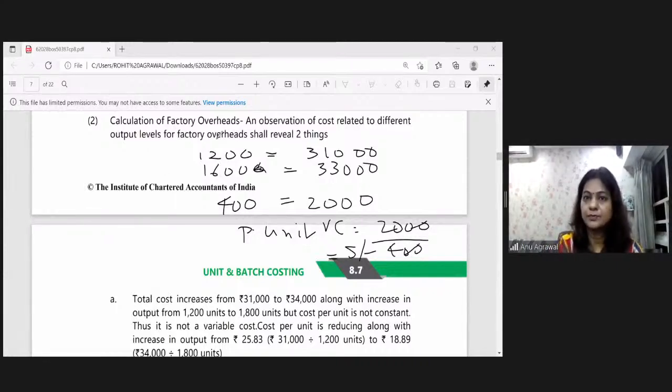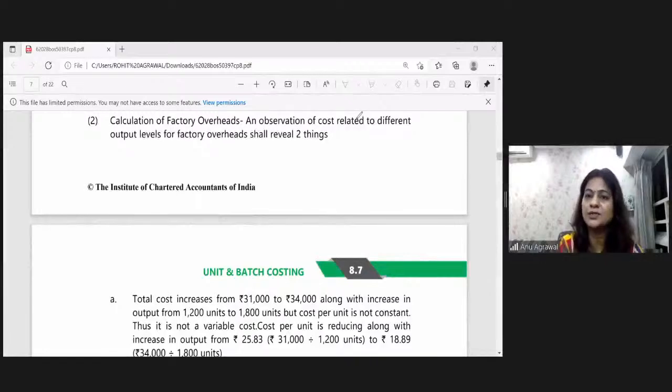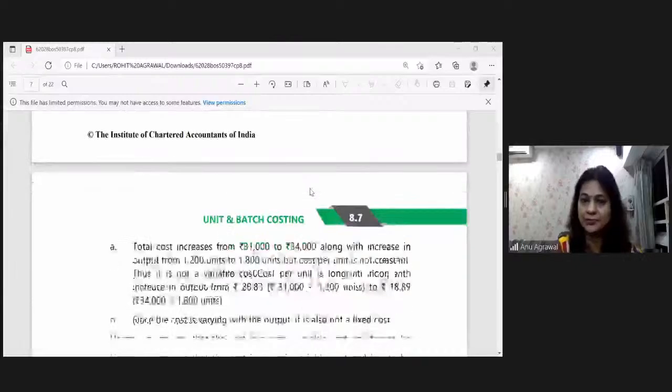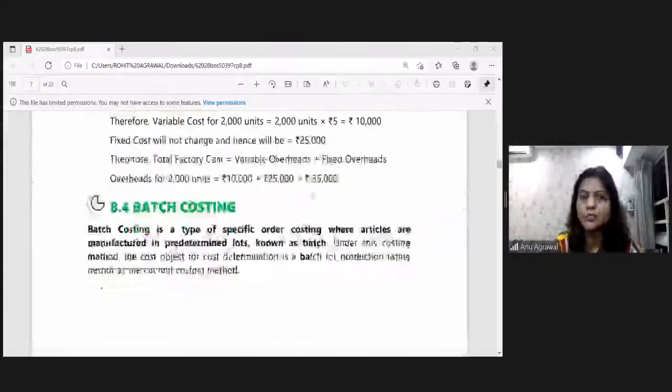Okay. If variable cost will change, then everything will change. Yes, we may have a stepped fixed cost. That we'll have to be very aware of. Yes. Okay. Right. Soumya, what is it that you want me to explain? I'll explain it to you. Right. So this is it.